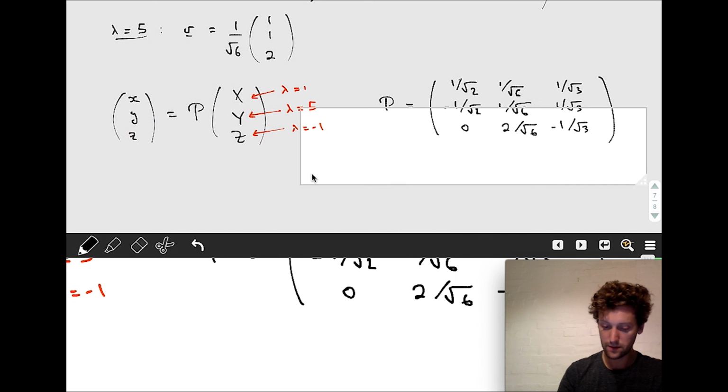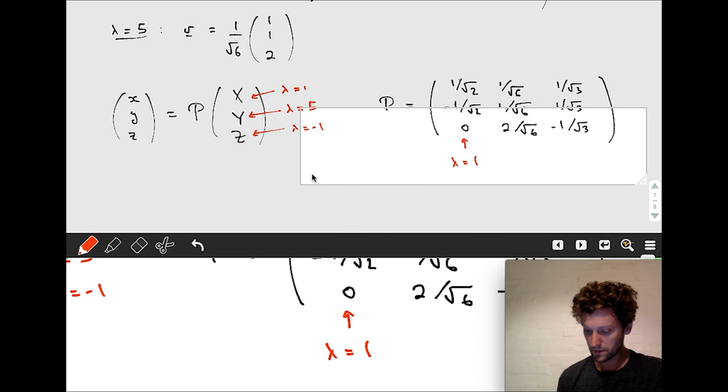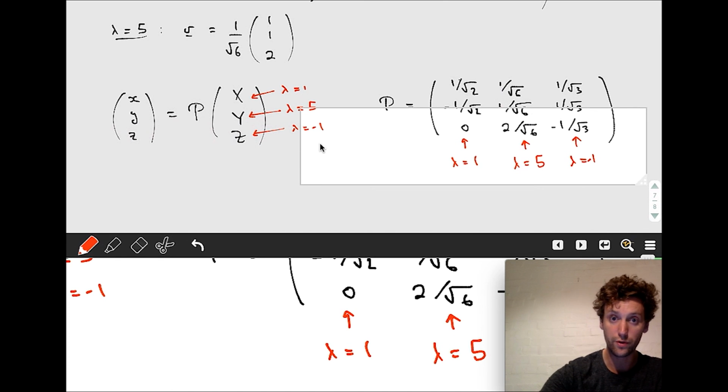So again, this is lambda equals 1. This is lambda equals 5. And this is lambda equals minus 1. And you notice that I've matched the ordering there. So this is my relationship.